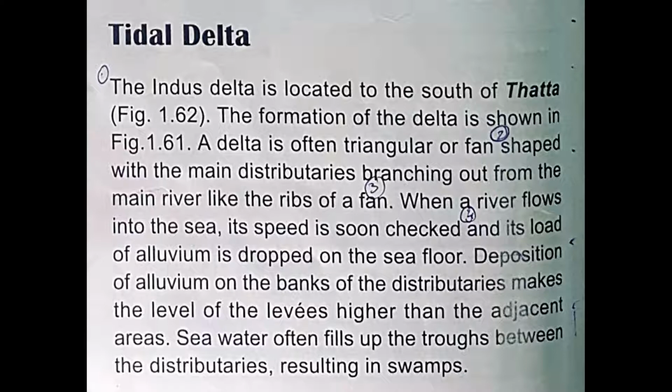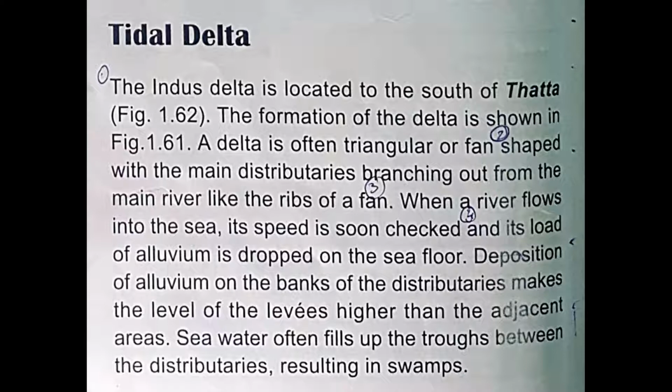When a river flows into the sea, its speed is soon checked and its load of alluvium is dropped on the sea floor. So, the land is frequently exposed to seawater.